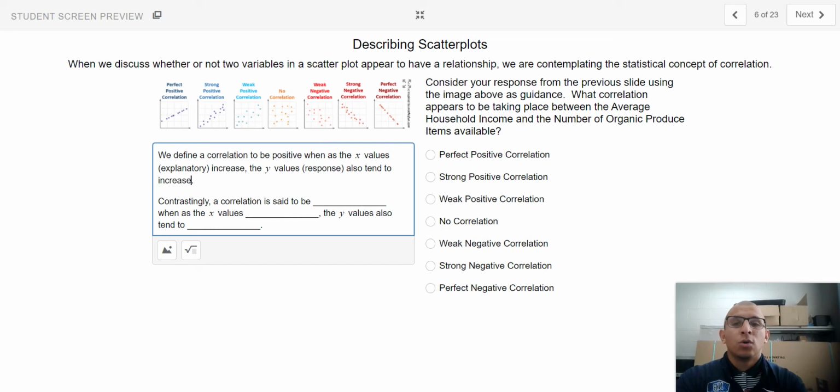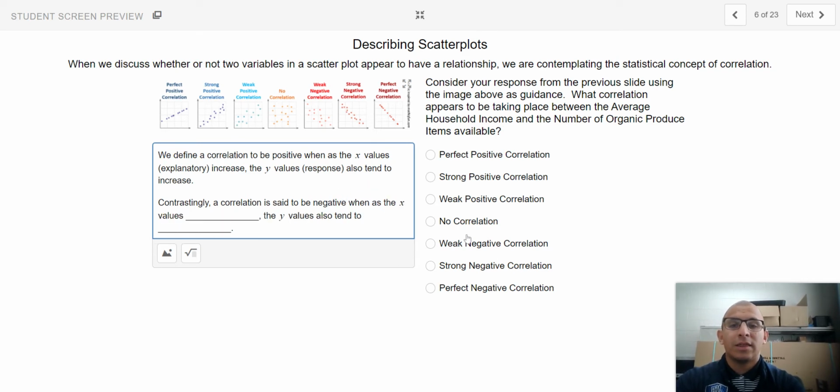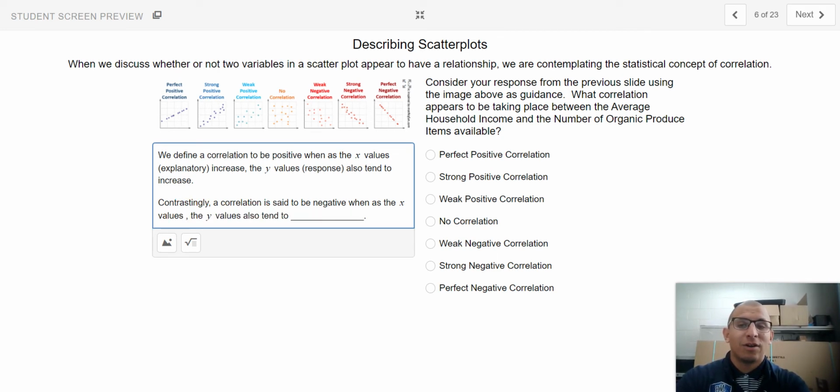Once again, a correlation is positive when as the explanatory variable increases, the response variable also increases. Contrastingly, a correlation is said to be negative when, as the x values continue to increase, the y values are in fact decreasing.